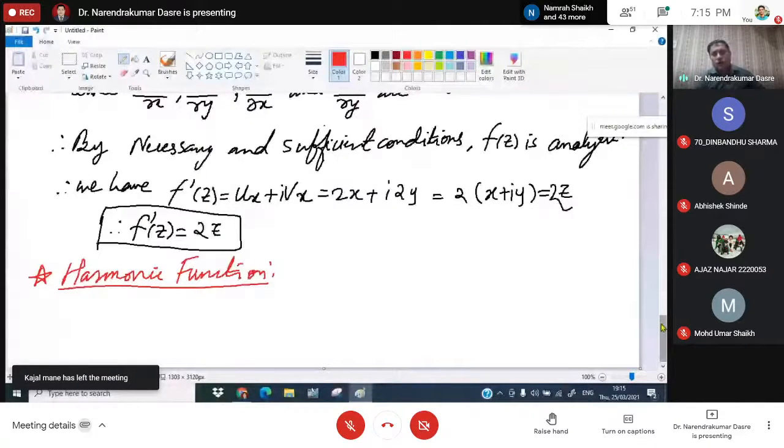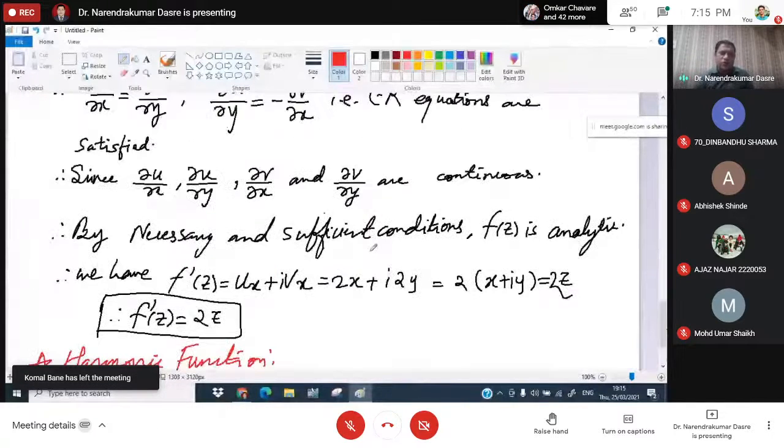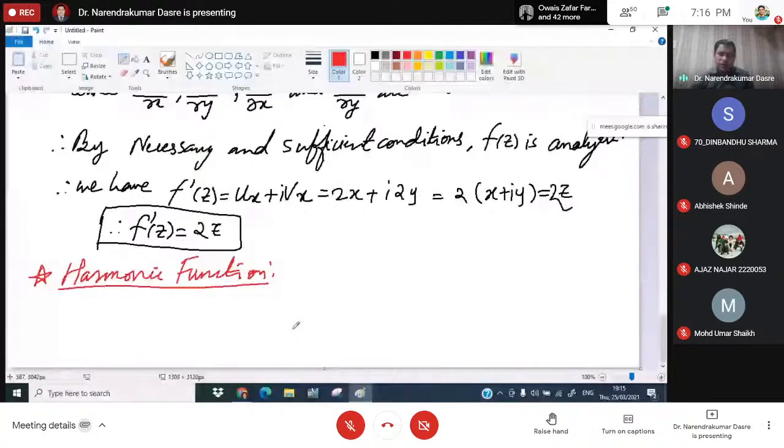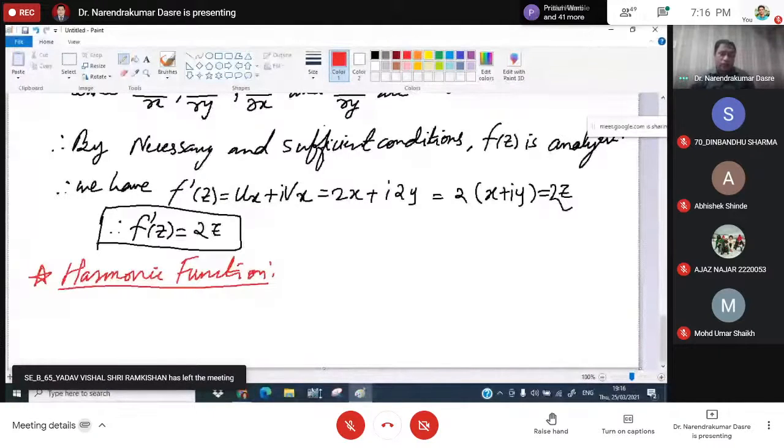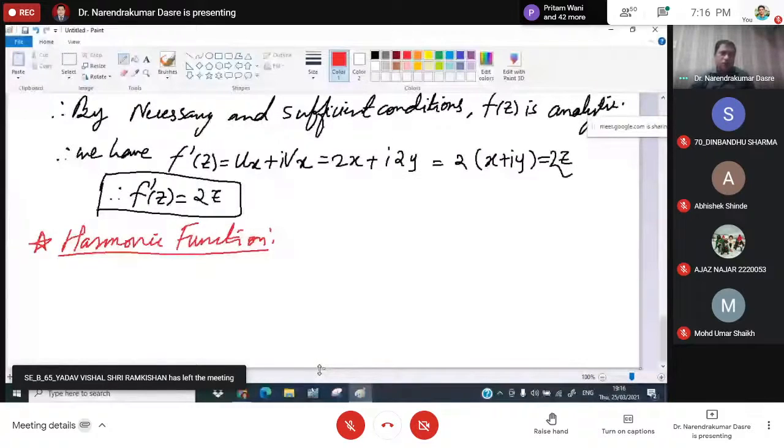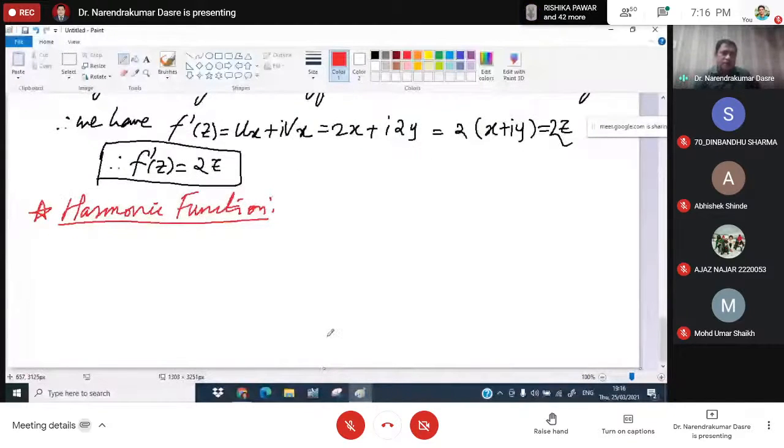Now, what if I consider the second order derivative, and I know that there is some relation between these second order derivatives? What is that relation, and what can I comment on it? We know that u is a function of x and y.